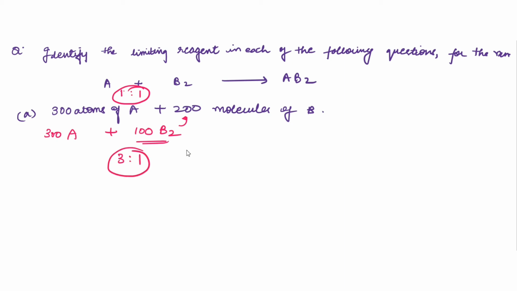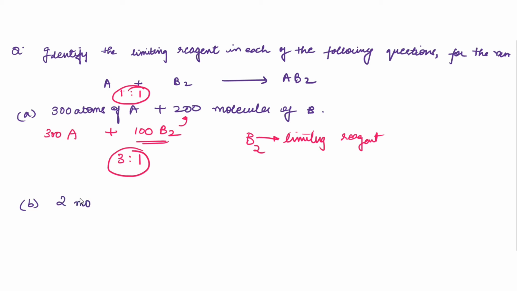In the reaction the ratio of A and B2 is 1:1. From the first subdivision we find 300A to 100 B2, which gives us 3:1 as the ratio. So clearly B2 is the limiting reagent.